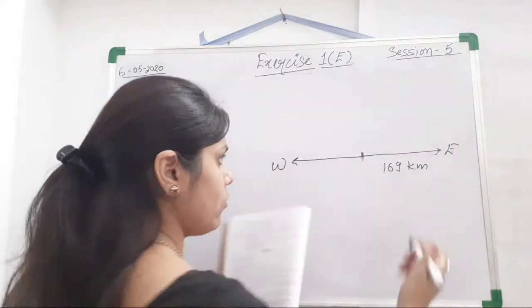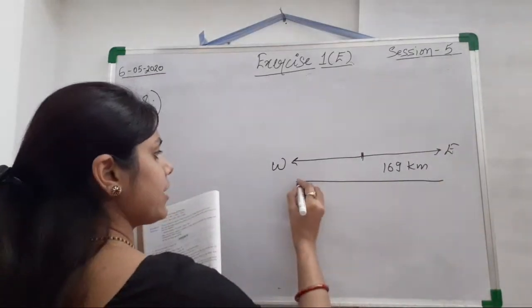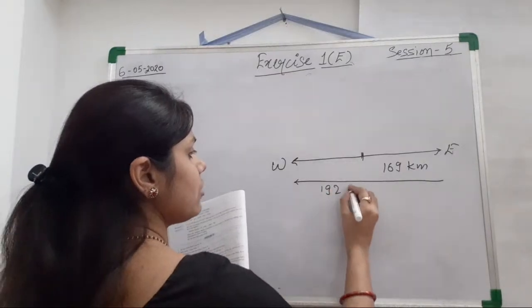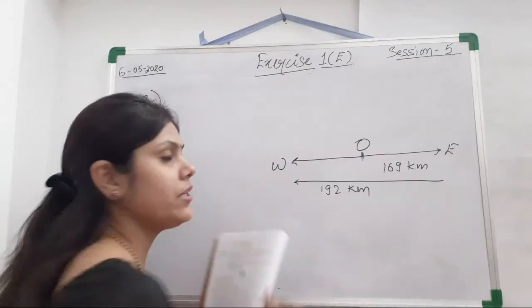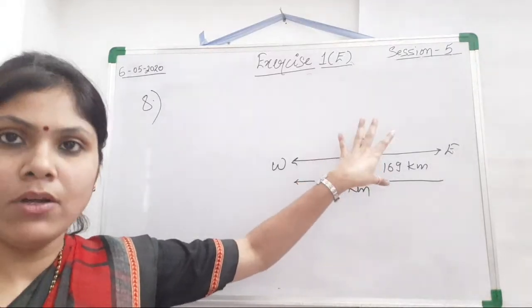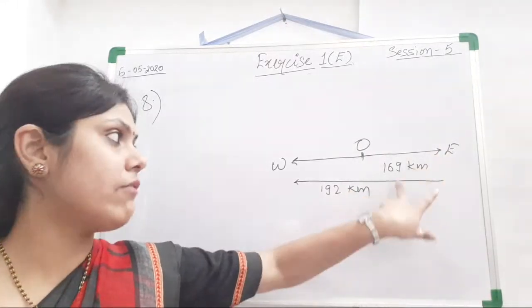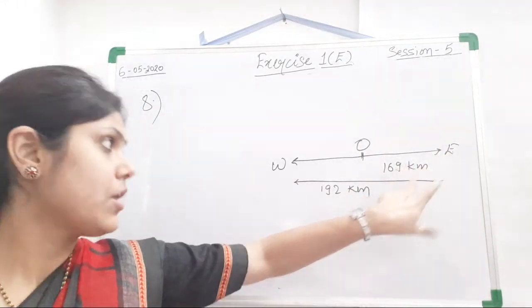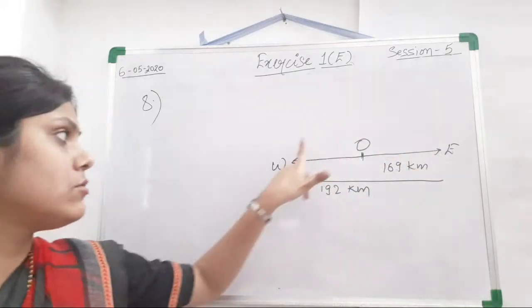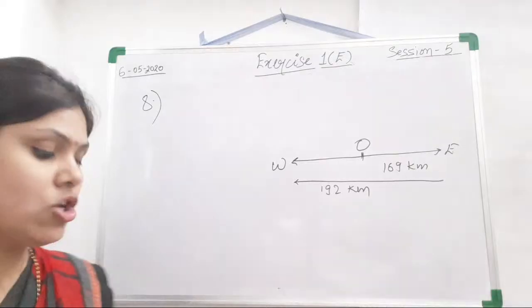Now he is coming back in the west direction. How much? 192 kilometers. That O is the point which denotes his home. From here in the east direction he traveled 169 kilometers, and from here in the west direction he traveled 192 kilometers.